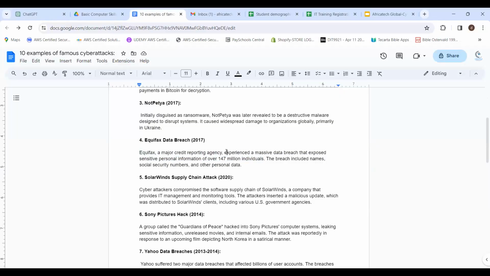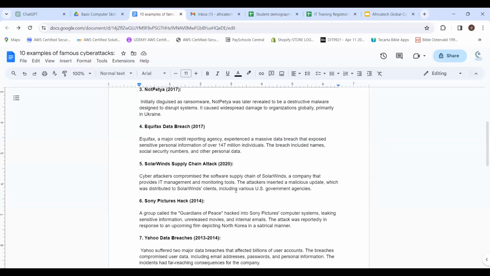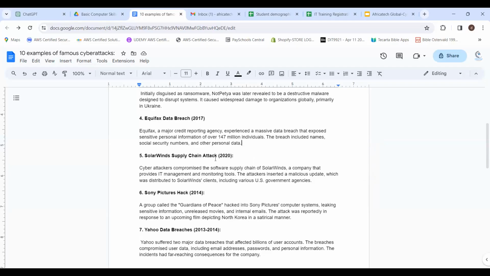If you don't know Equifax, you know that they have been hacked, even though they are high profile. The breach included names, social security numbers, and other information. And this cost them a lot of money just to accommodate those people whose information was compromised. So we have something in 2020.